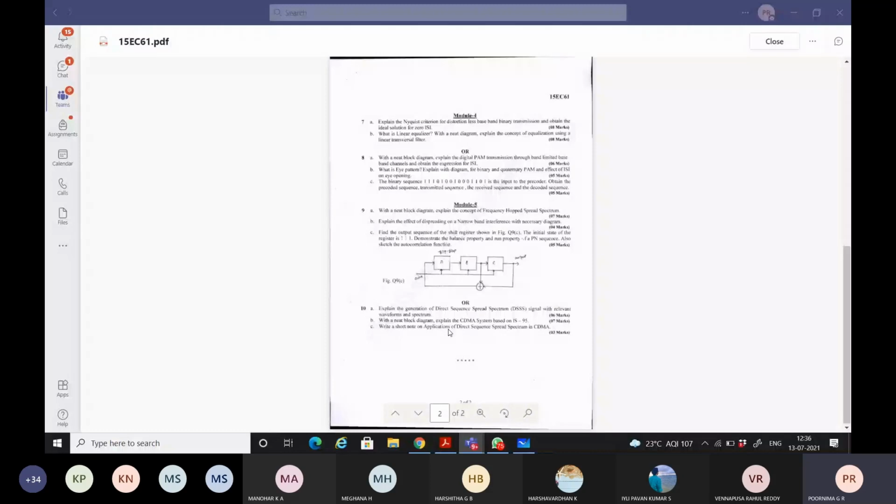Then write a short note on applications of direct sequence spread spectrum. In this question paper two portions are already covered through direct sequence spread spectrum: one is the PN sequence and the other is the block diagram of direct sequence spread spectrum. So these are the various types of questions which may be asked.